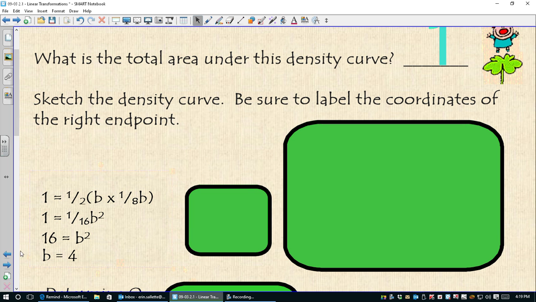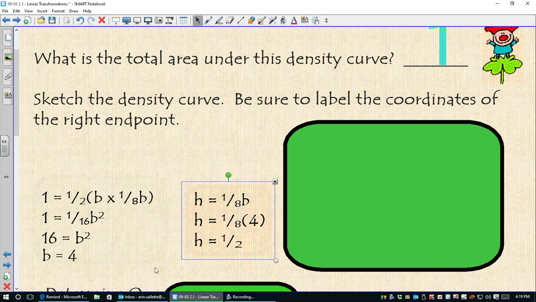Remember our area of our triangle, which is what our ramp's going to be? Well, the area of that triangle is going to be 1, the area of my ramp. And it equals 1/2 base times height. And given that my slope is 1/8, my height's going to be 1/8 of the base. So doing a little math, I find out that the length of the base is 4.